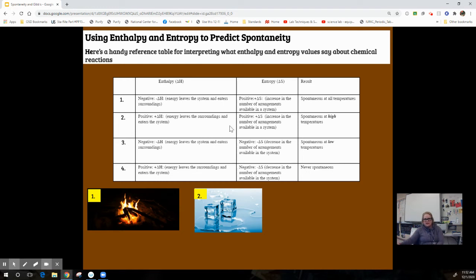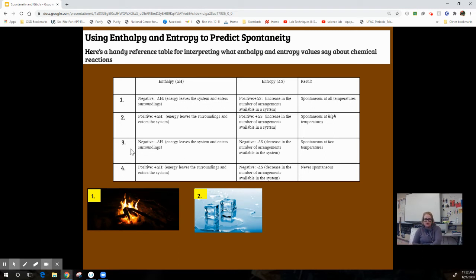And so we can say here that this particular system is going to be spontaneous, but at high temperatures. What do we mean by high temperatures? Don't know quite yet, but we're just going to bookmark that for a second. So if the temperature is high enough and enthalpy is positive, entropy is positive, the reaction will be spontaneous, dependent upon the temperature.